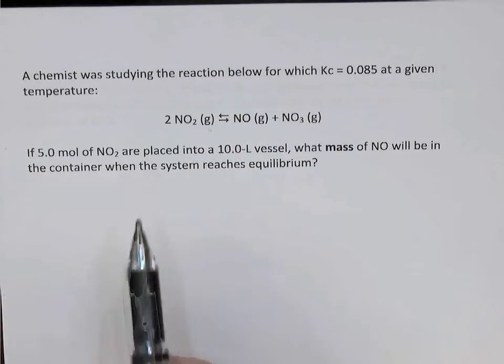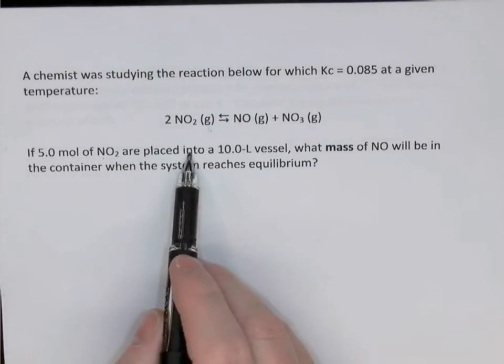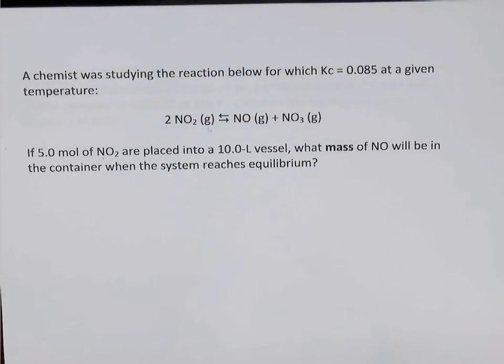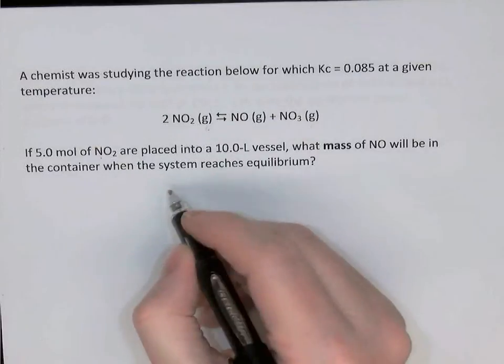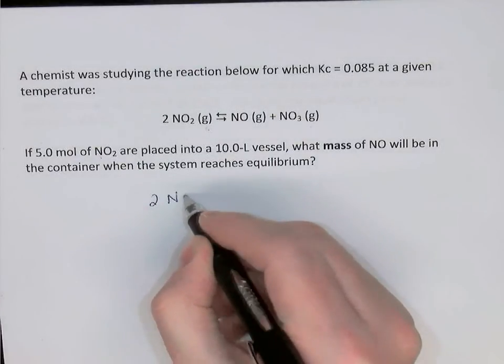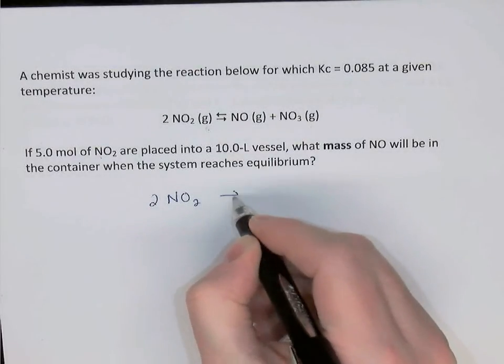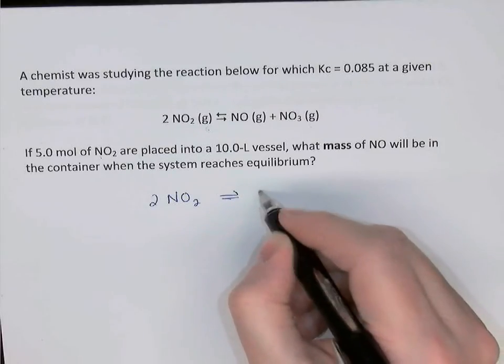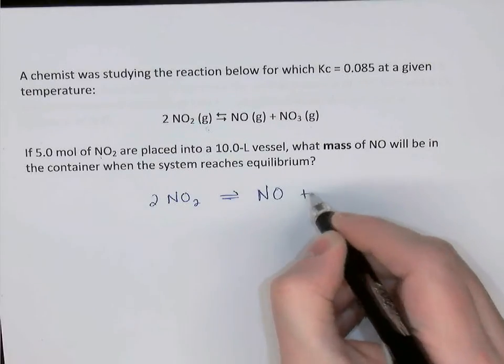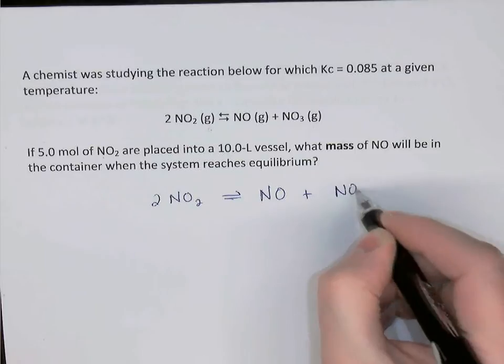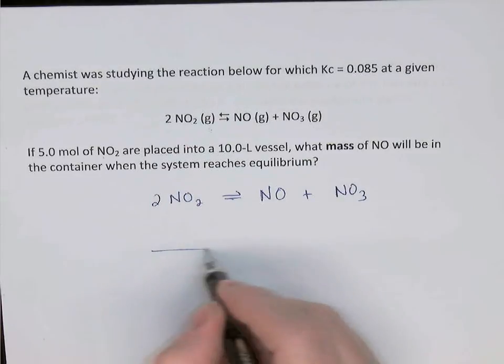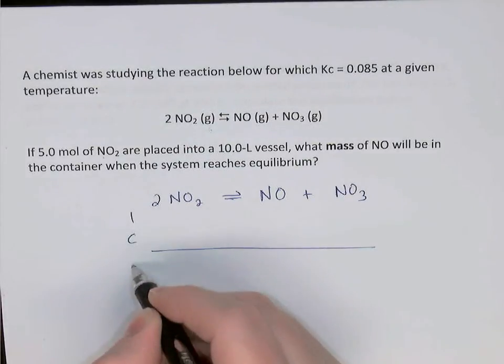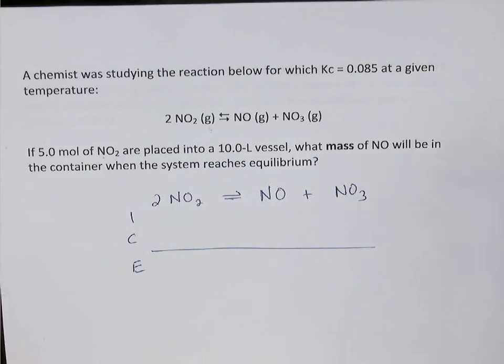So there's an initial set of conditions, and we're asked about equilibrium, so that's a clue to set up an ICE table. So 2 NO2 goes to NO plus NO3, and again, because everything's homogeneous, I'm just going to leave out the phases. And ICE: the initial, the change, and the equilibrium.